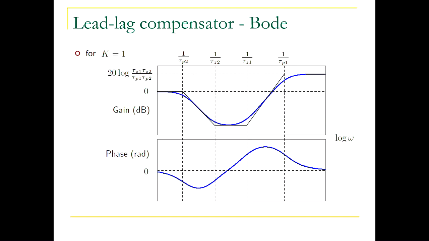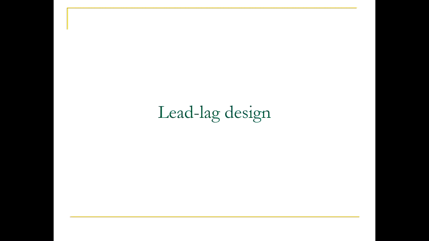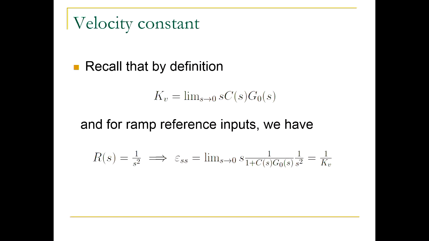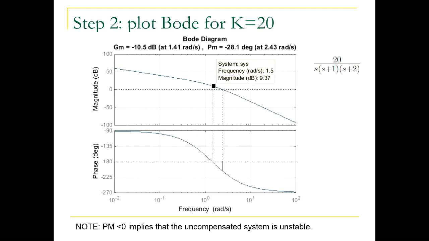Then we need to select these corner frequencies so that when we add this to the other plot, we enforce the new crossover frequency at 1.5. That is the goal. There is a bit of art in picking these corner frequencies to ensure this and also satisfy all our specifications. We need to provide quite a bit of phase margin and gain margin: phase margin more than 50 and gain margin more than 10. That's quite demanding in this example.